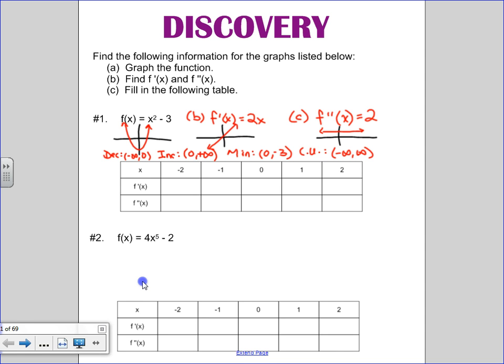Did we talk about that back in the very beginning of derivatives? Yeah. What are derivatives? Slopes of tangent lines, but also instantaneous rates of change. What's the first derivative showing the instantaneous rates of? The original. And what's the second derivative showing the instantaneous rates of?